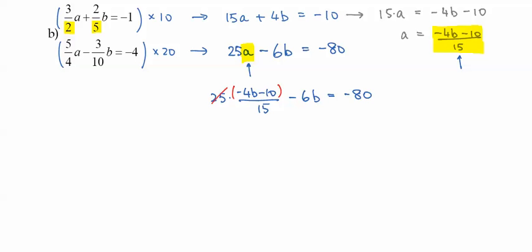Seeing how 25 and 15 are both divisible by 5, I'll make the number smaller first. So we have negative 20b minus 50 divided by 3 here and there.